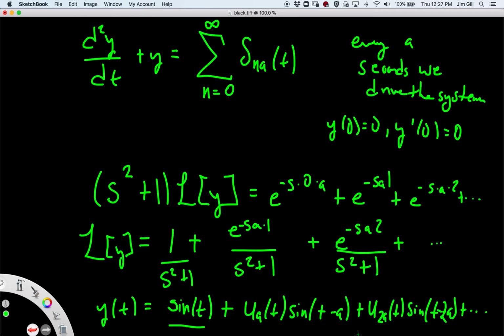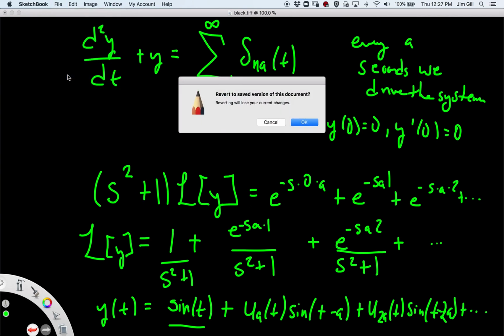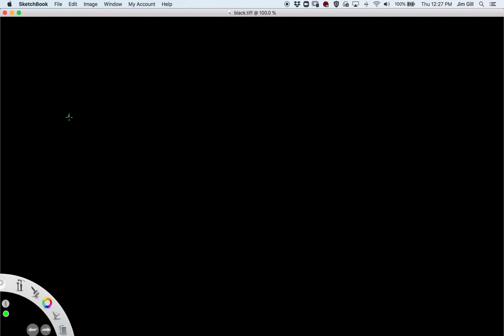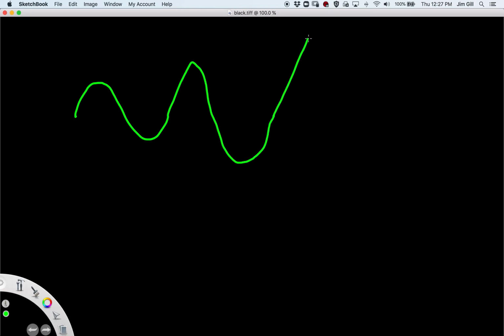So the picture that we would get out of that would be as follows. Let me just draw this, right? We'd start with the sine function for the first period, and then we'd have 2 sine t, so we got twice as large. Then we'd have 3 sine t, so we'd have a response that kind of looks like this, right?